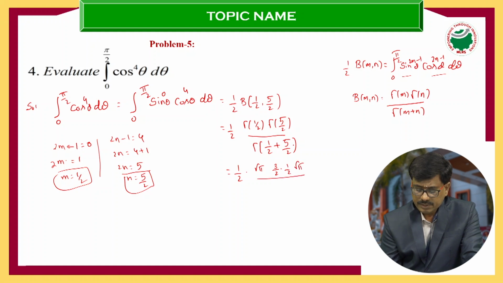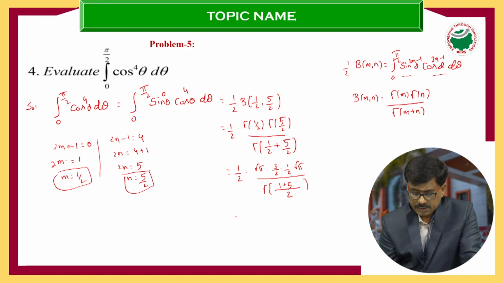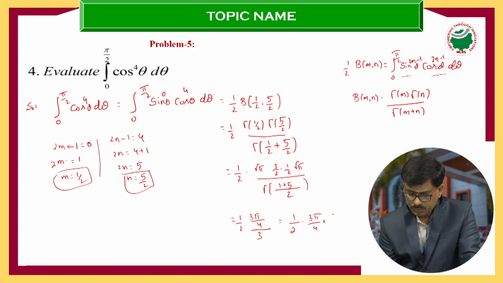The denominator: taking LCM as 2, it becomes 1 plus 5, which is 6, and 6 divided by 2 is 3. Therefore, 1 by 2 into 1 by 2 into root pi into root pi, which is pi, gives 3 pi by 4, whole divided by gamma of 3. This becomes 1 by 2 into 3 pi by 4 into 1 by 3, which is 3 pi by 24.